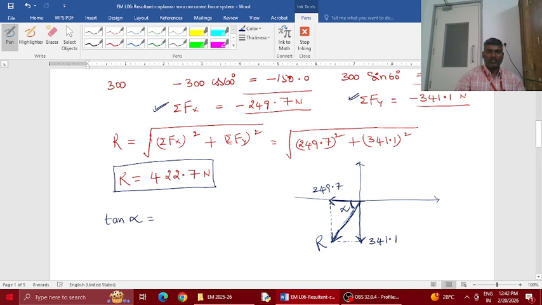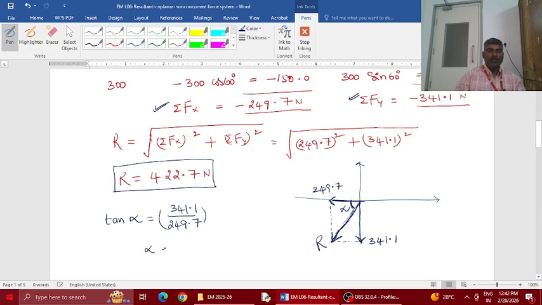So it is opposite side, means this value, which is 341.1, divided by adjacent side 249.7.